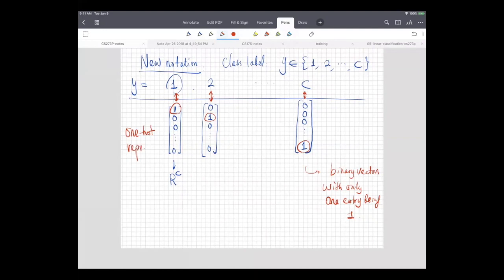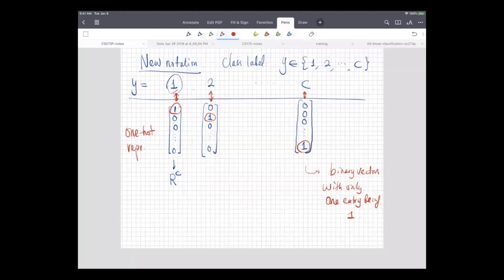This is an equivalent representation of the class labels, and it sounds more complicated because previously I could represent those with just one number, but now you have to represent them with 10 different numbers. It sounds complicated, but it's actually more convenient, for reasons I'm going to show you next.